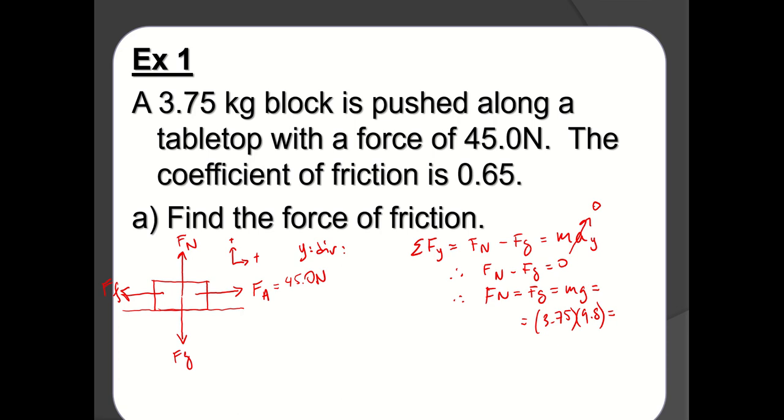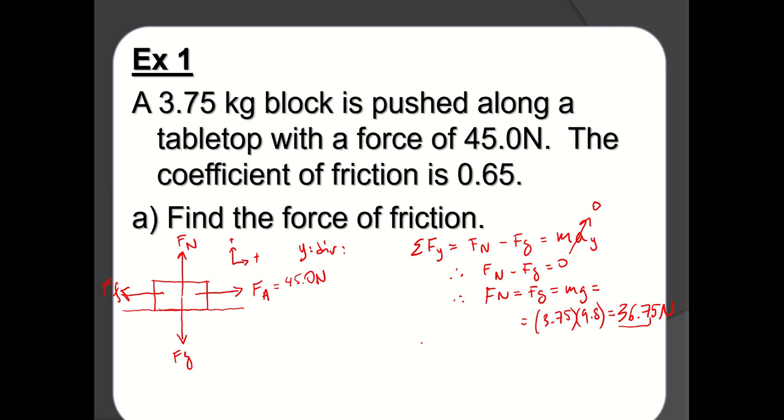So in this case, if you were to calculate the normal force, we get 3.75 times 9.8 is 36.75 newtons. Now in this case, we have 3 sig figs here. So this would be rounded to 3 sig figs. But we are looking for the force of friction.